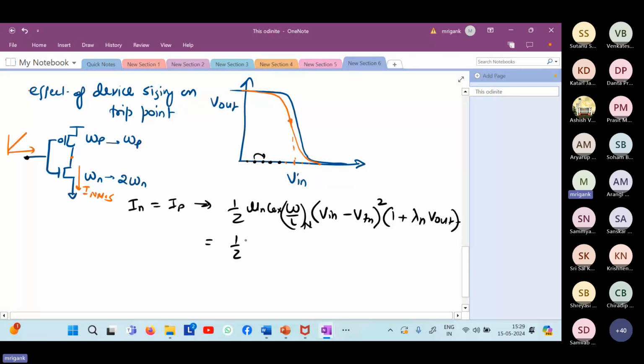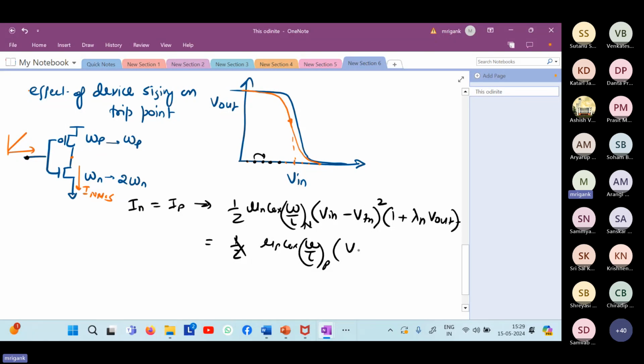So if I assume again the point where the input is just trying to go up, when the NMOS is just turning on, we have seen that the PMOS is going to be in triode region. So for PMOS, we'll have to write the triode region equation. It will be mu P COX W by L P, and then you have (VSG minus mod VTP) times VSD minus VSD square by 2.